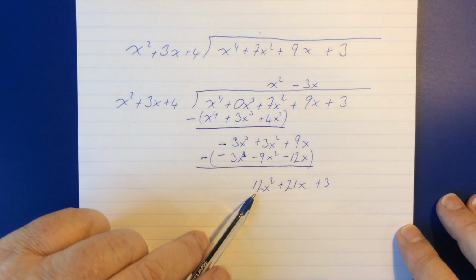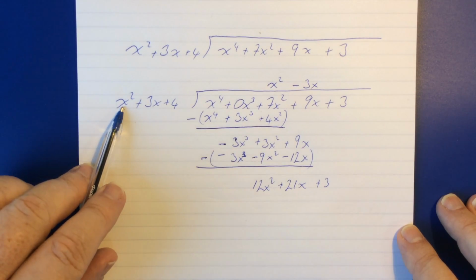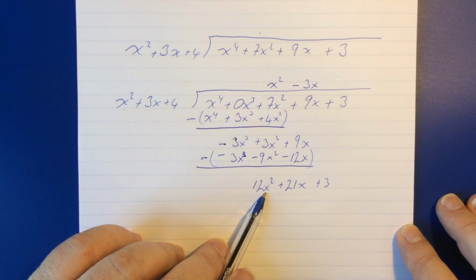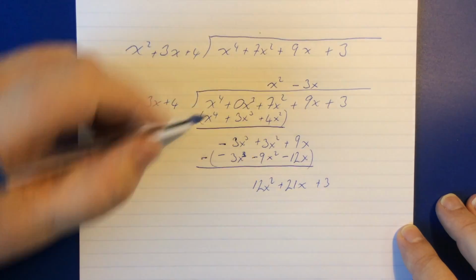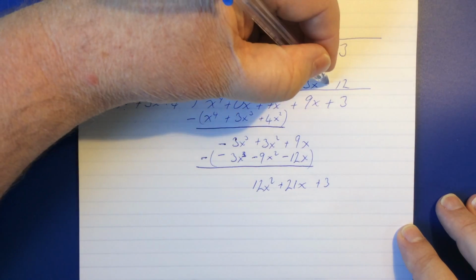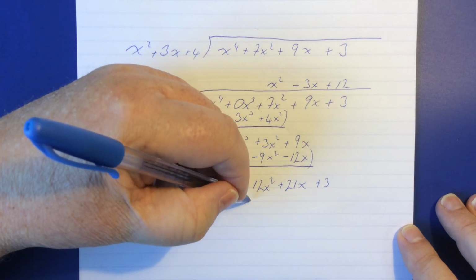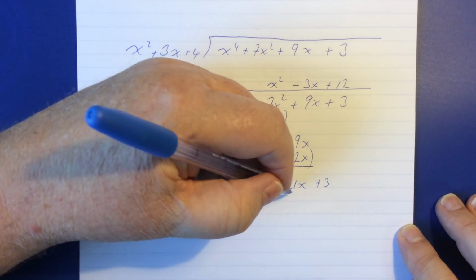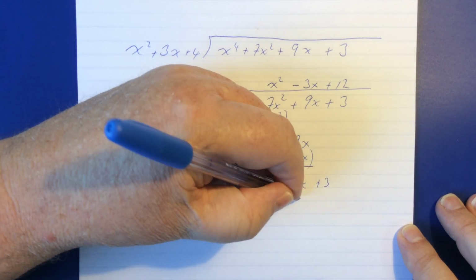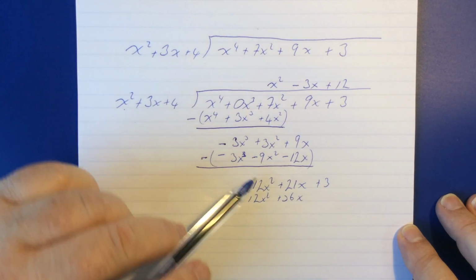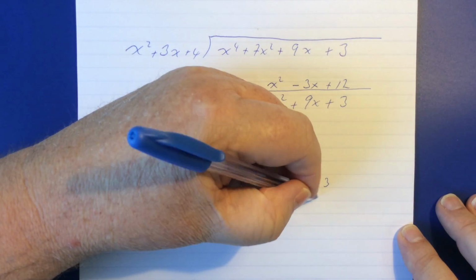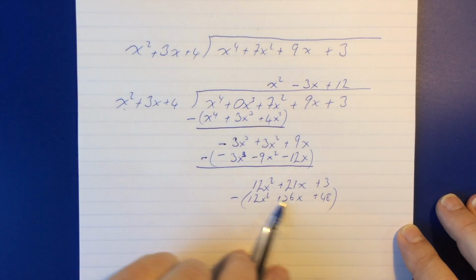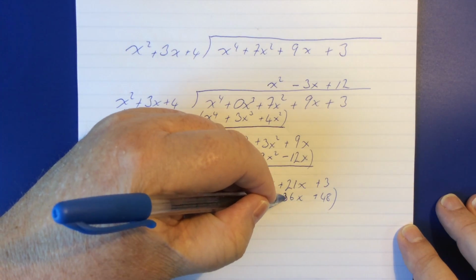Okay, next step. What do I have to do to this x squared to get 12x squared? Well, I multiply it by positive 12, and I get 12x squared. 12 threes are 36, plus 36x. 12 fours are 48, plus 48, and I subtract all of this. That's a 3, believe it or not.